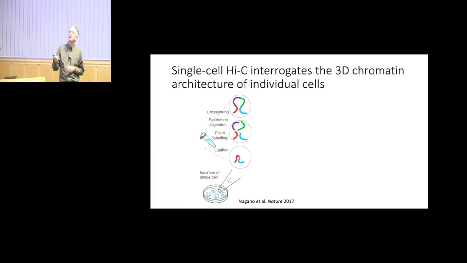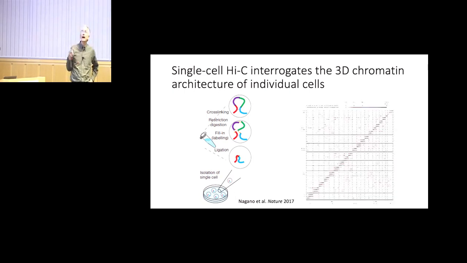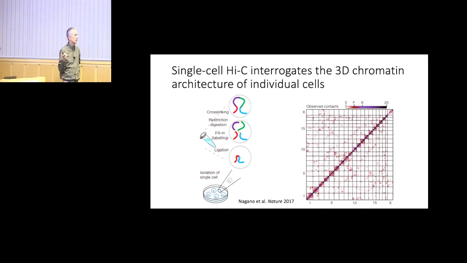So the idea is you're going to isolate a single cell. You do this ligation, fill-in, restriction enzyme digestion, and cross-linking, and so on. And what you get out is a very sparse matrix in which the rows and the columns correspond to positions along the genome, and values in the matrix correspond to counts of how frequently you observed contacts between those positions.